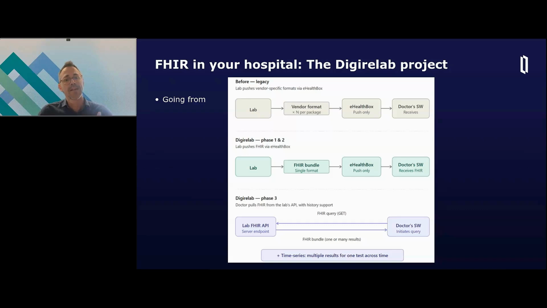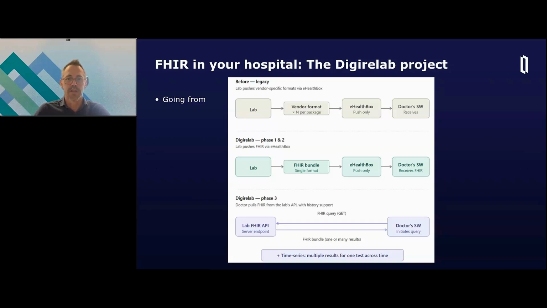So in that case, on the side of the lab, there will be a FHIR API needed that is able to respond to these questions. So basically, the lab will need to decide, are you going for the façade, for the repo, or something in between? And that is an ideal example of how you could work with it.